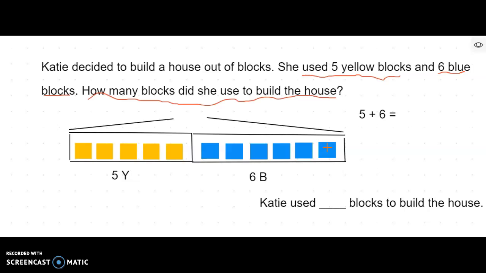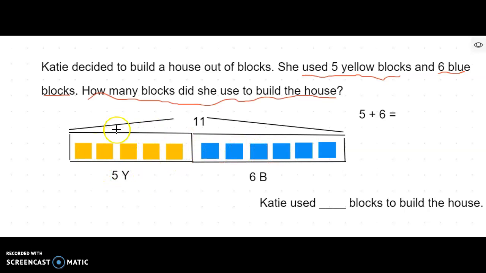Katie used 11 blocks. Let me try that again, this time counting on at 5, because I already know I have 5 here. Ready? 5, 6, 7, 8, 9, 10, 11. It's still 11. I have 11 total in my tape diagram.